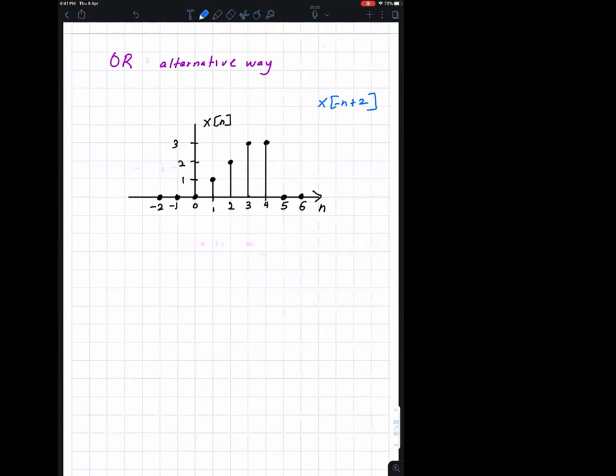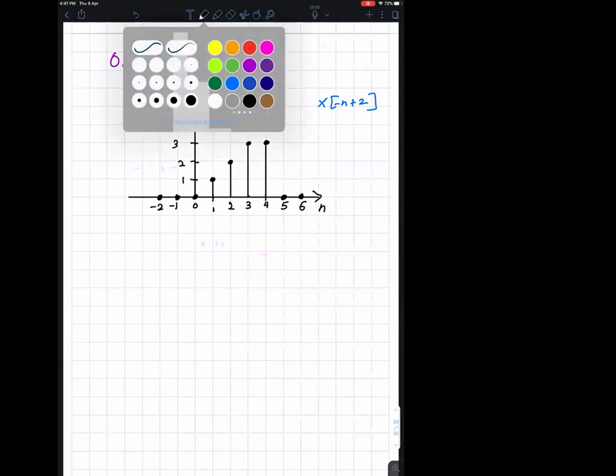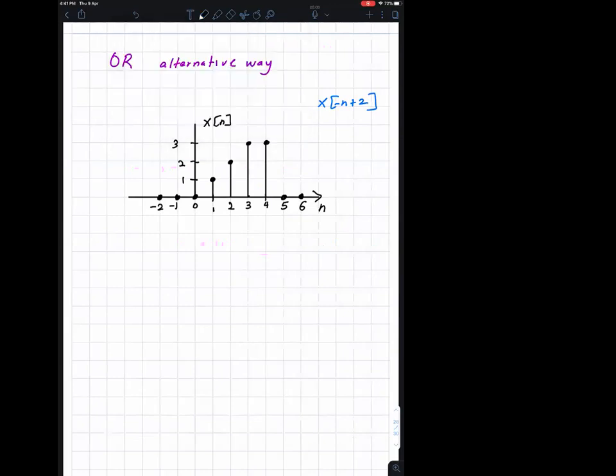Okay, what you can do first is x of n plus 2 first. When you do this, n plus 2 is 0, then n is minus 2.